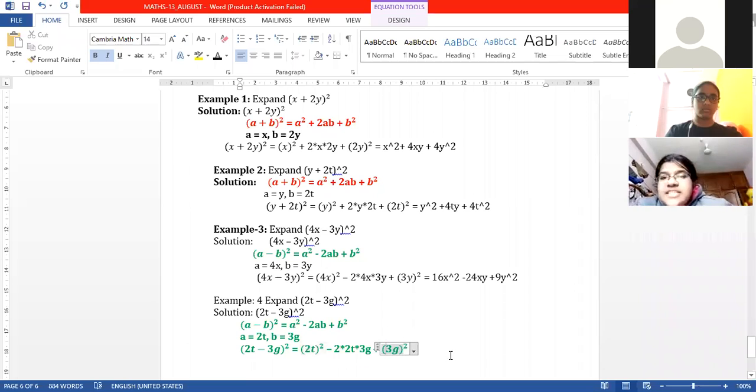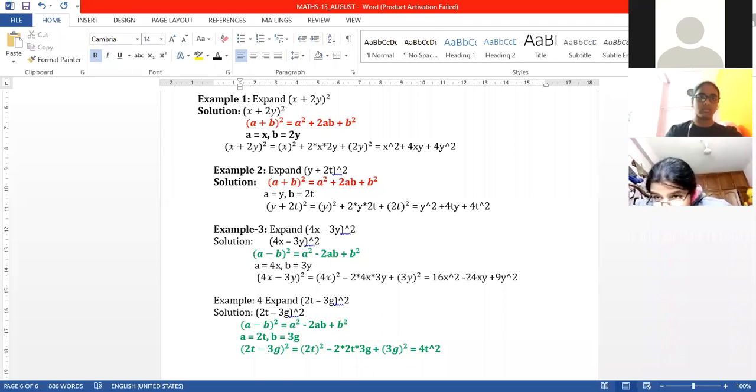Students, you are observing (2t) whole square, 4t square. Next, 2 2s are 4, 4 3s are 12, minus 12gt, plus 9, (3g) whole square means 9g square. This is the answer.